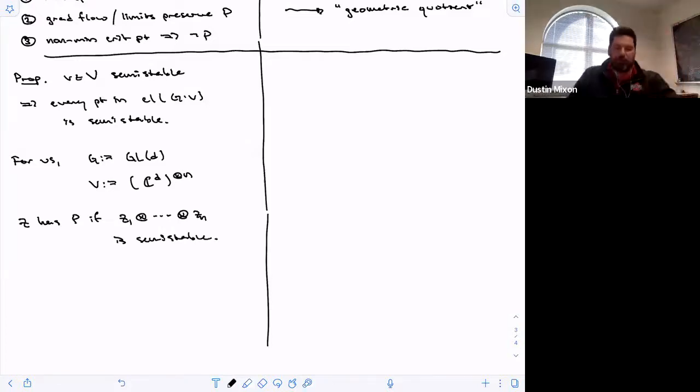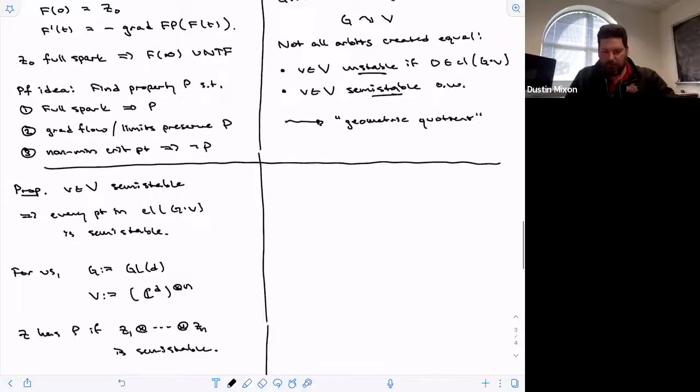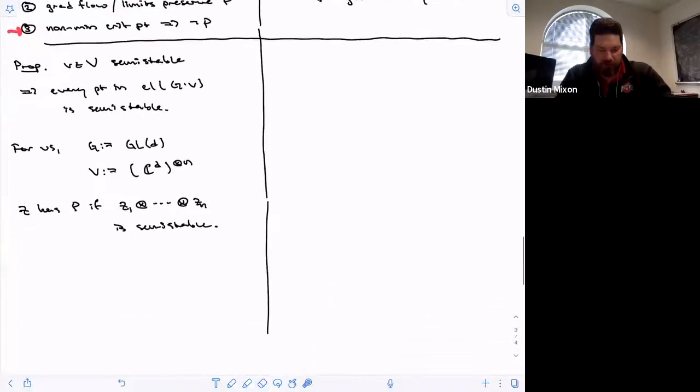It turns out that this is, in some sense, the correct choice of property. We satisfy property 2 thanks to this proposition, and then it remains to verify properties 1 and 3.